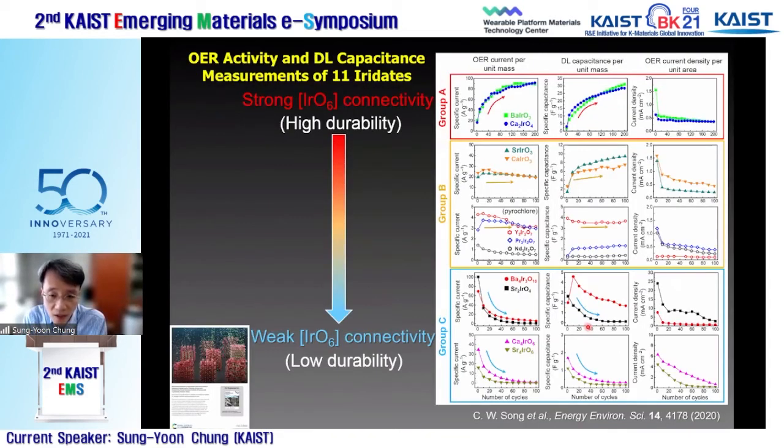I think what we expect is exactly the same as the measurement. For group A, the activity does not diminish at all. It rather increases. And for group B, the activity is not that bad after a lot of anodic cycles. But for group C, the activity diminishes hugely, which means the lattice rapidly collapsed after the barium, strontium and calcium dissolution.